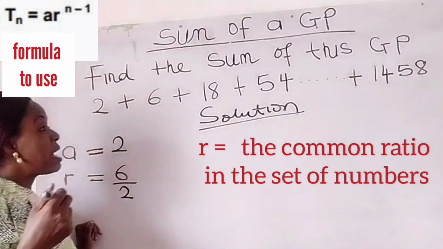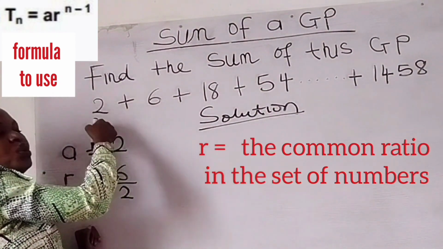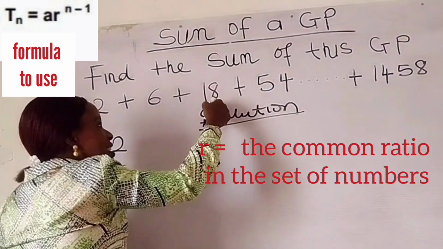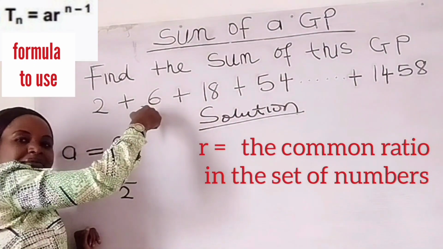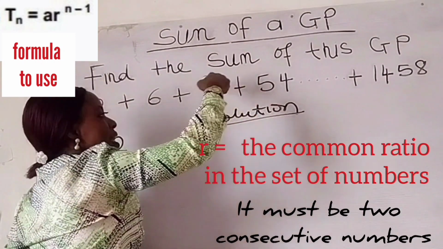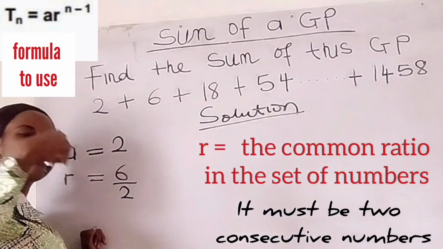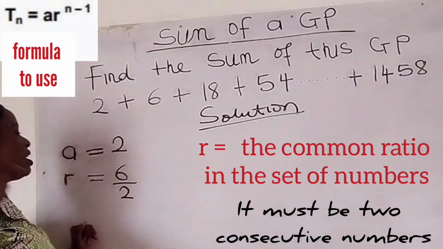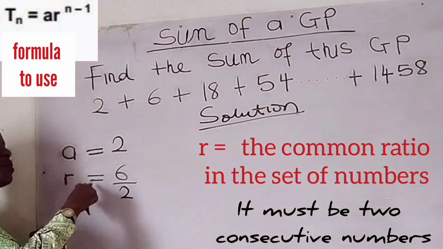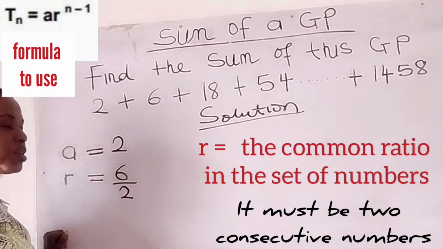If you don't want to use 6 and 2, we can use 18 divided by 6. We can even use 54 divided by 18. You can try it on your own. You will see that you still obtain the same answer. So R is equal to 6 divided by 2, which gives us 3.